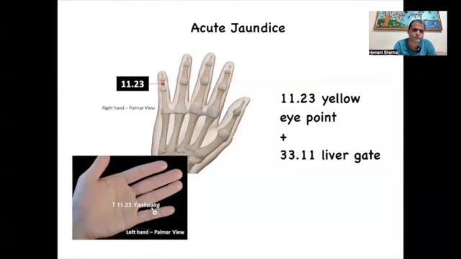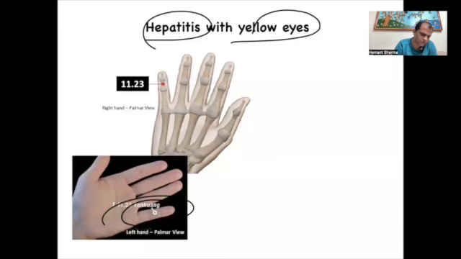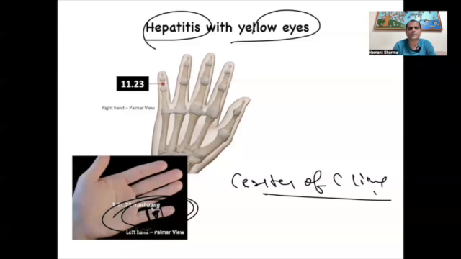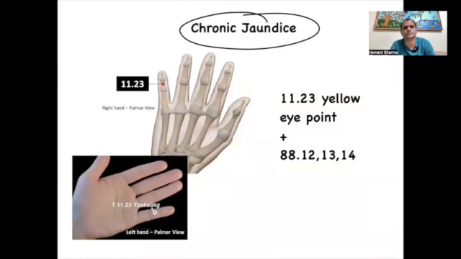Look here. So if the person is suffering with any types of hepatitis or yellow eyes, look at the small finger. This is the point in the center of the C line, right? Yellow eye point. Now, sometimes a person is suffering with acute jaundice, but sometimes with chronic jaundice.